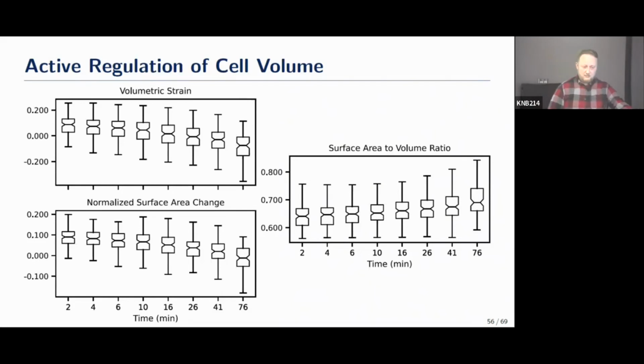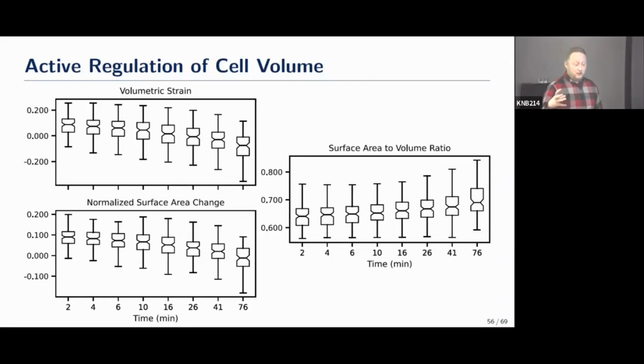The other thought, and I didn't mention this on the slide, the reason I showed this here is if we look at the surface area to volume ratio, it seems to be flat or maybe even trending towards increasing when the cell is getting more stressed. Going back to elementary biology, you learned that the surface area to volume ratio of a cell is very important to its health, right?